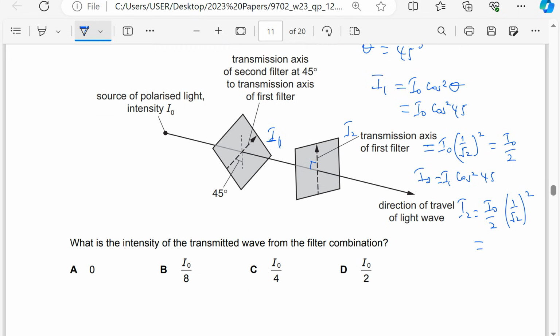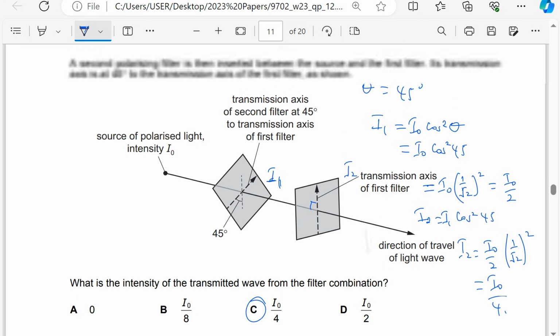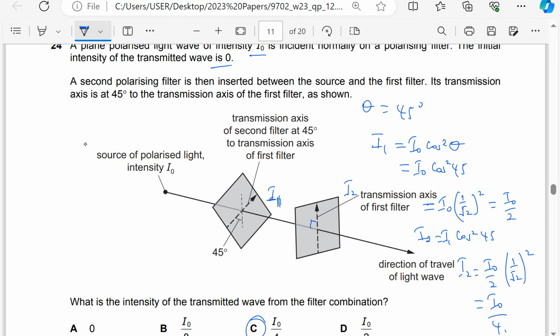So this is going to be I naught divided by 4. So the answer is I naught over 4. For the second one, the axis of transmission is also 45 degrees relative to the first one. That's why I considered 45 degrees for I2.